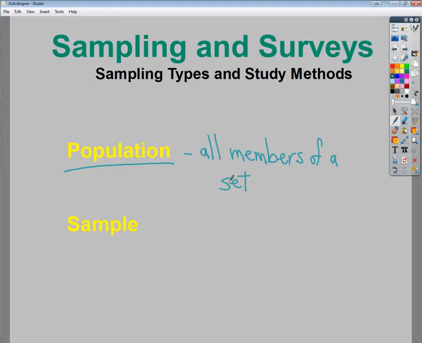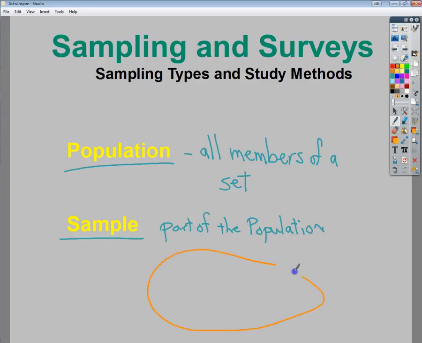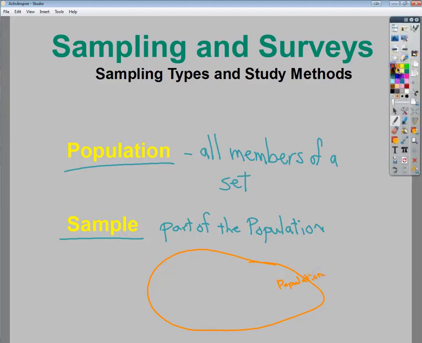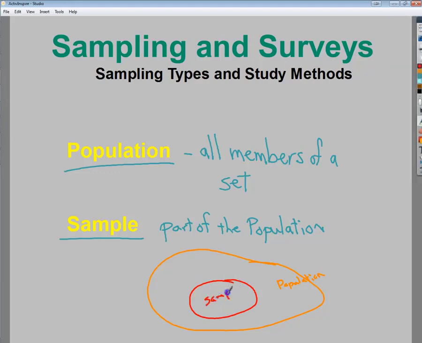You can't get the population. So instead, you want to go with a sample. A sample is part of that population. So if here's my population, a sample would just be part of it.